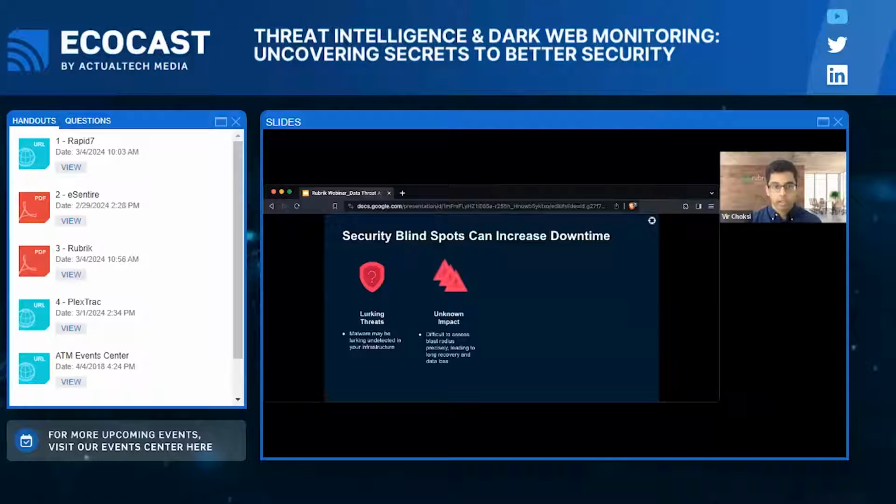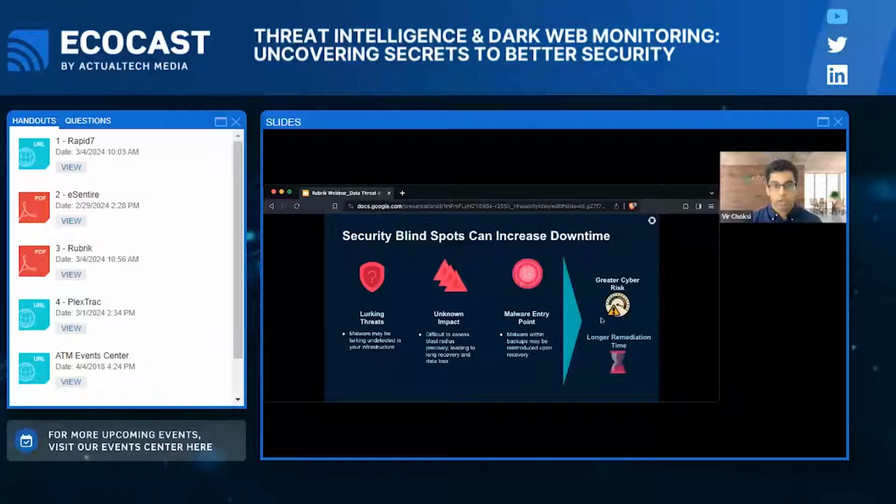Second, it's difficult to accurately assess the blast radius of an attack, which could leave you in the dark on what exactly you need to recover. And third, it's not easy to determine when a threat entered your environment, and this could lead to reinfection and prolonged recovery. So all of these blind spots can increase overall cyber risk and increase downtime.